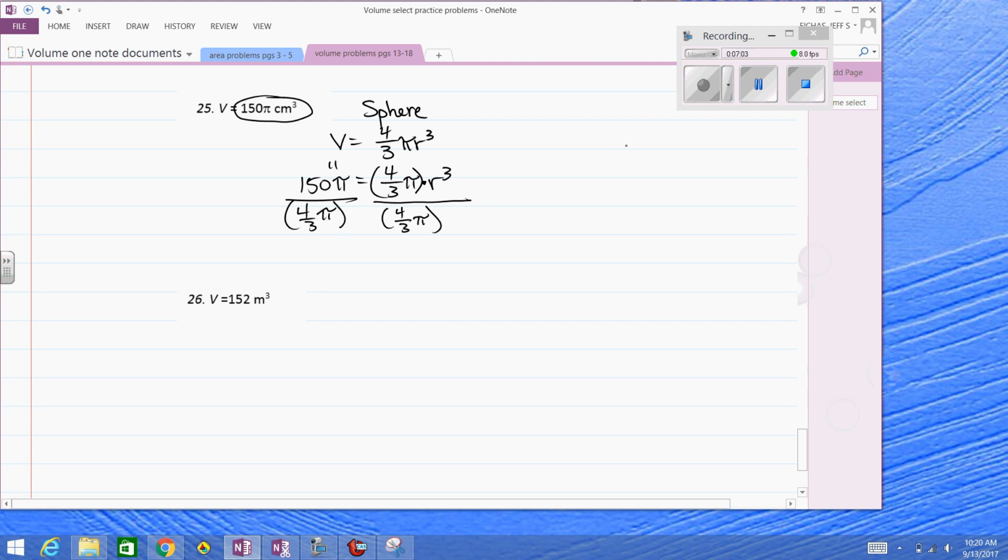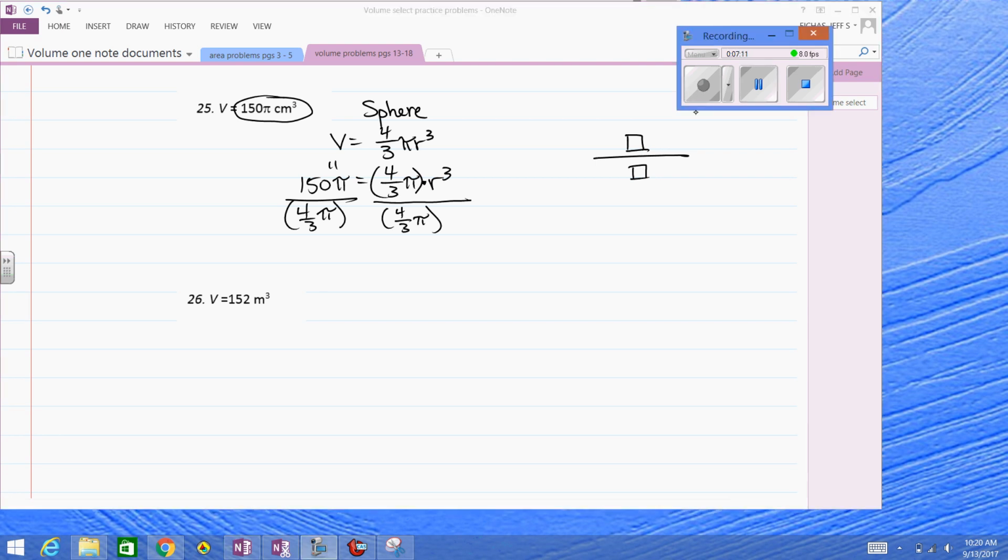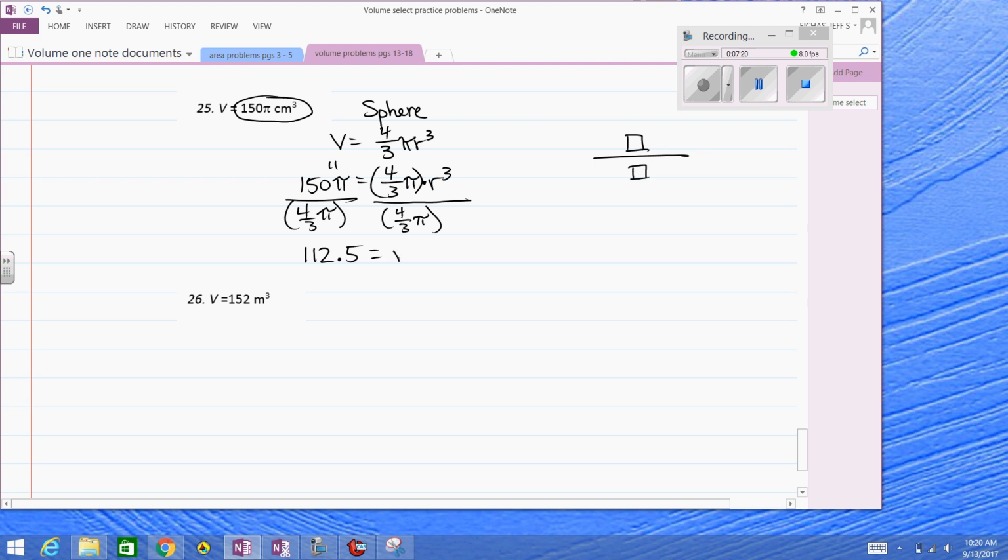When you do this, make sure, again, in your calculator, use this big fraction, and it'll take care of this for us. So when you put that in, we get 112.5 is r cubed. Those are going to knock out. So that's what we get for r cubed.